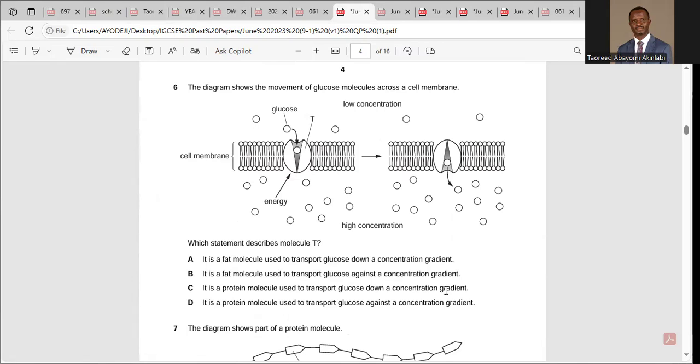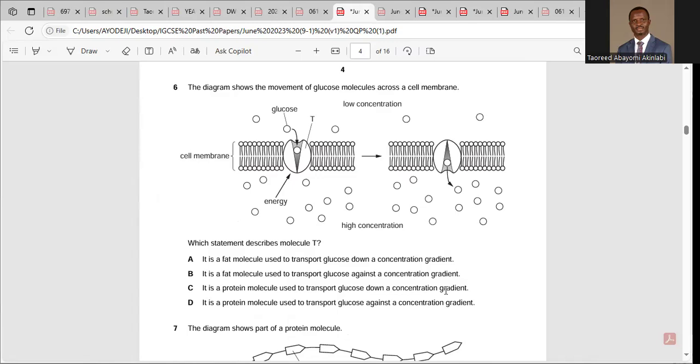Active transport is the movement of molecules from a region of low concentration to a region of high concentration against a concentration gradient using energy from respiration. That means it has to move from low concentration to high concentration.